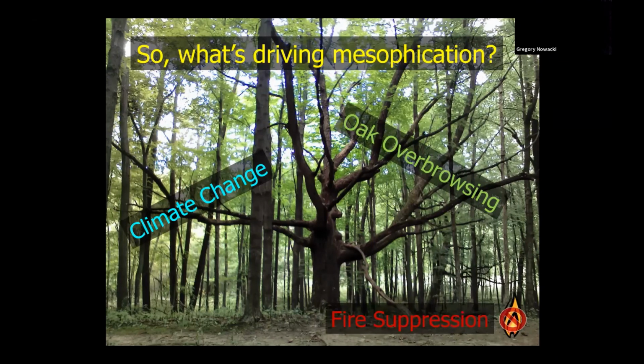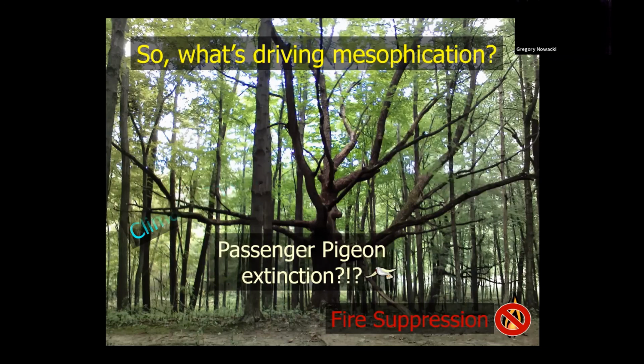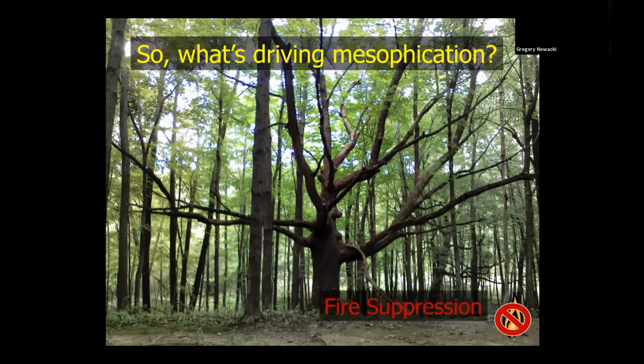Fire suppression, of course, in there. Even our poor little passenger pigeon has been implicated in this process. But when you look at the totality of all these factors, really there's one that rises to explain what is going on regarding the demise of oak ecosystems, and that's fire suppression.